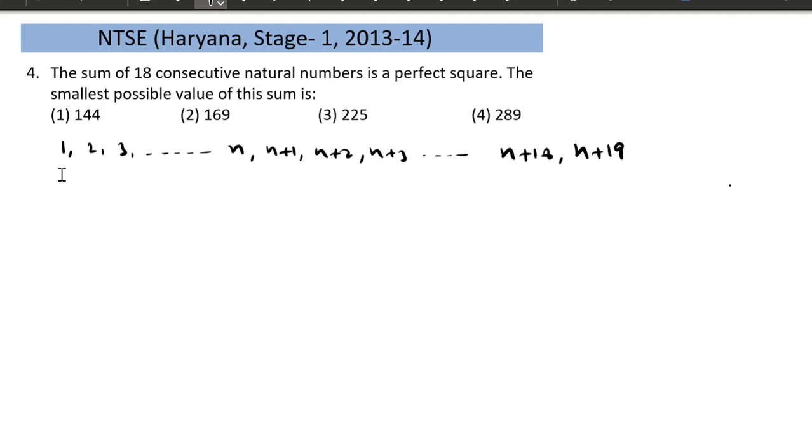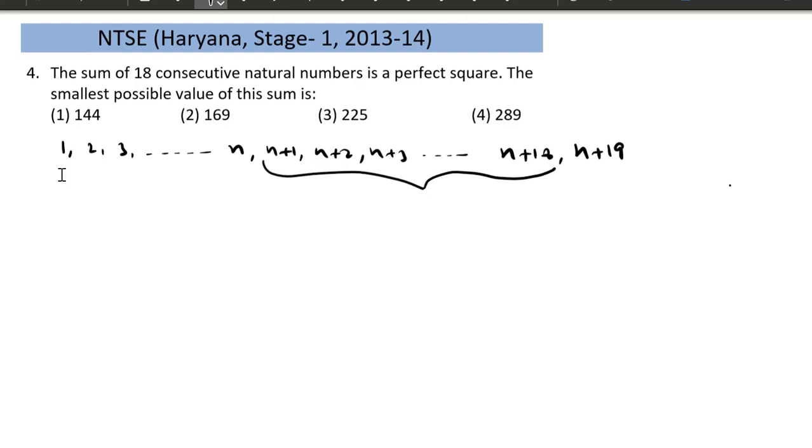So I am finding the sum of 18 consecutive natural numbers, which is a perfect square, from n plus 1 to n plus 18.